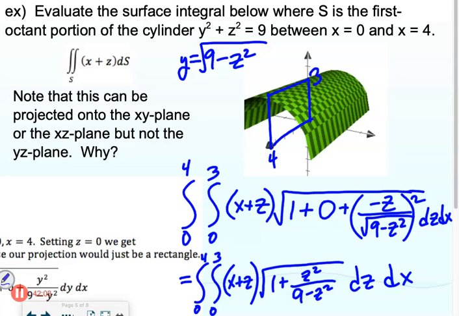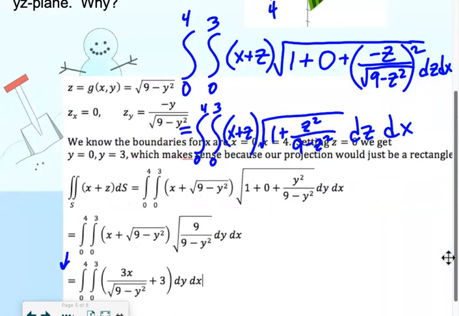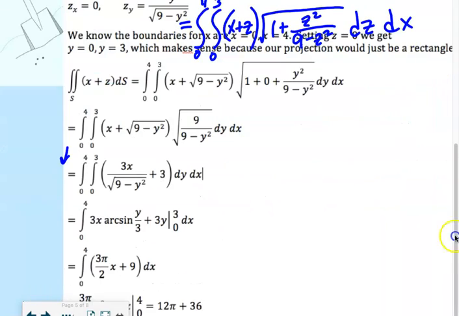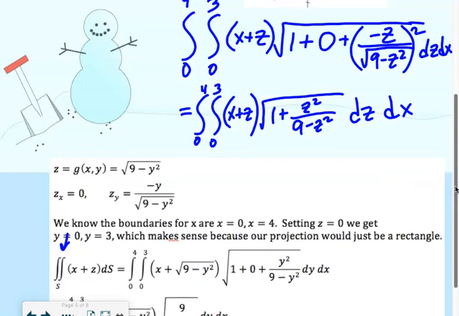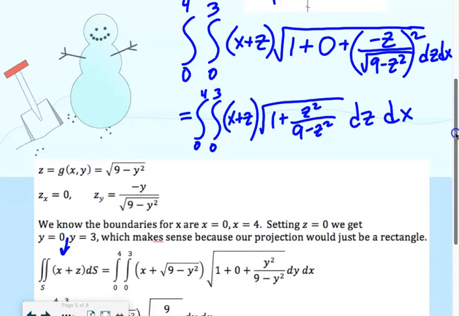You'd have to find an LCD to clean this up, and it's going to be a big pain. So it wouldn't be that bad, it's actually almost the same as this problem. But anyway. Okay.